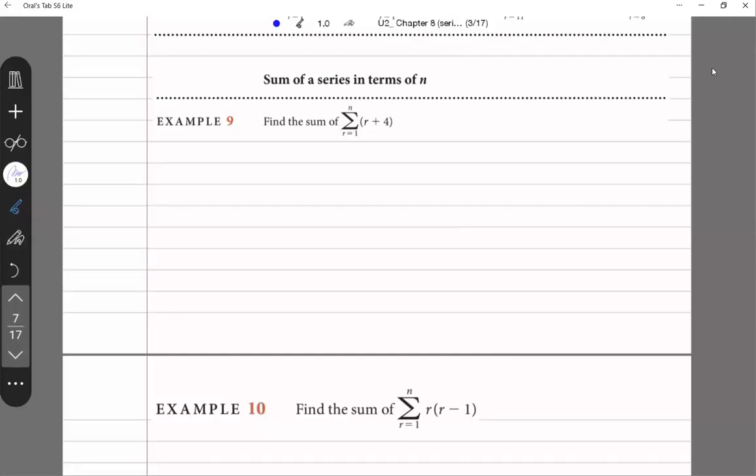All right, so example 9. Now we're looking at the sum of a series in terms of n. I think we attempted to do something like that in 8, so let's do more of it in 9.